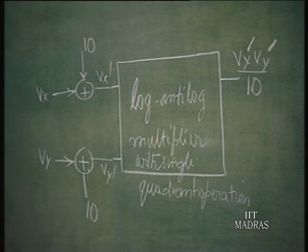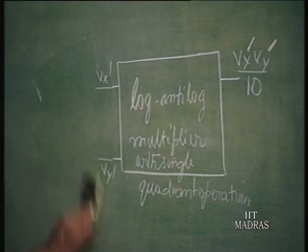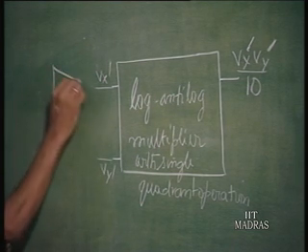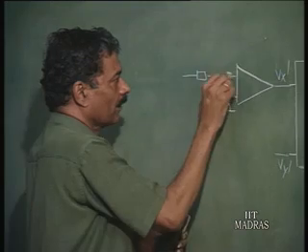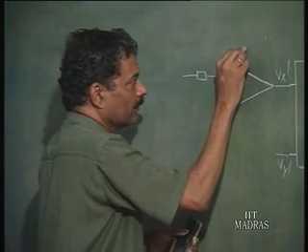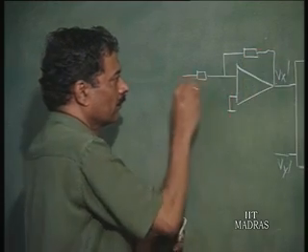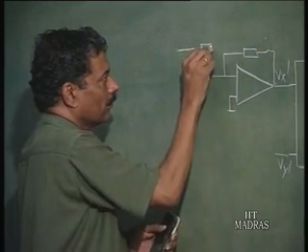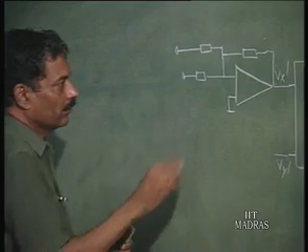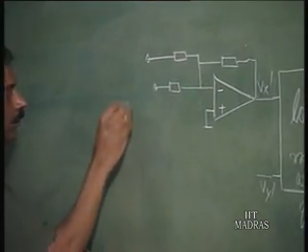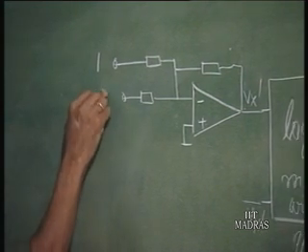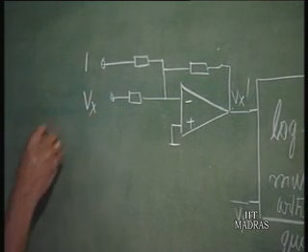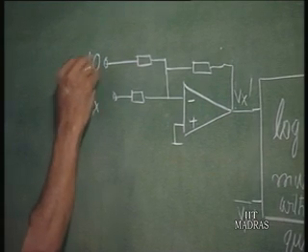So, this can be easily done with the help of an op amp. This op amp I do not have to really draw, because all of you know how to do it. So, one simple way is, you have here, let us say, Vx and this is 10 volts.